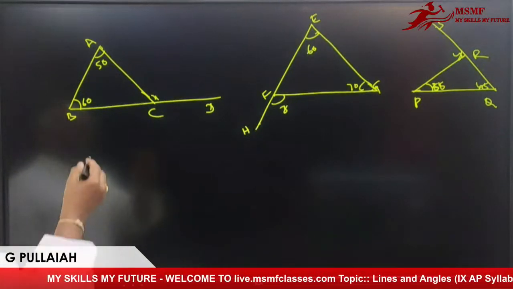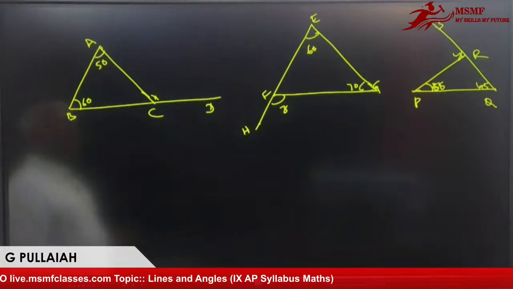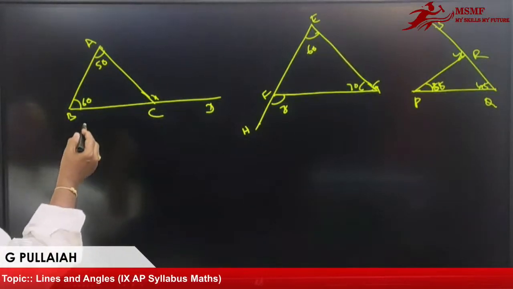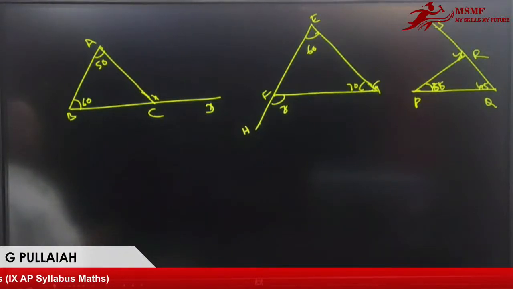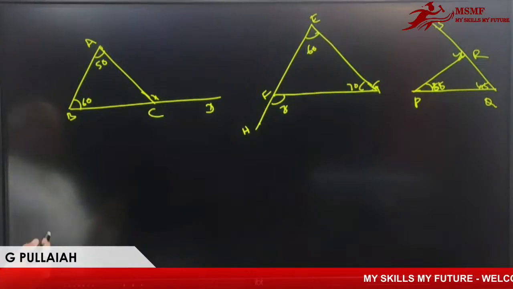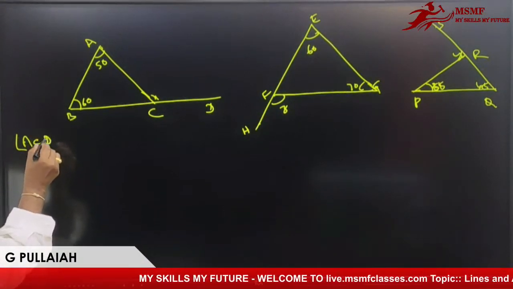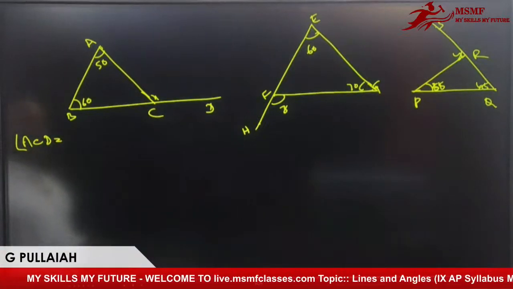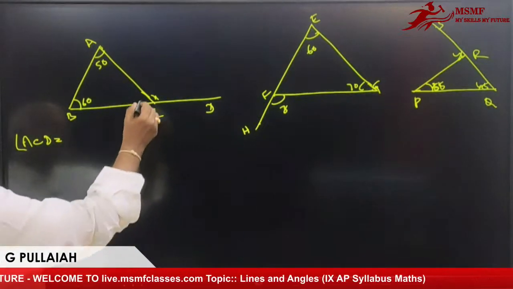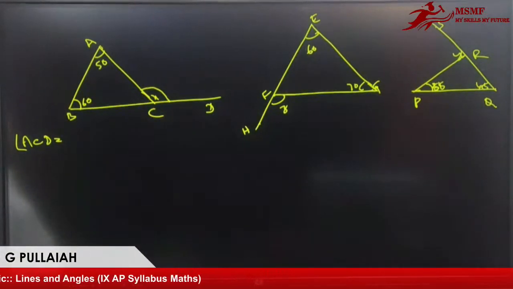In this one, we are expected to find the value of x. X is the angle formed by producing one side BC of the triangle. So this is angle ACD. We learned that this exterior angle is equal to the sum of the two interior angles.